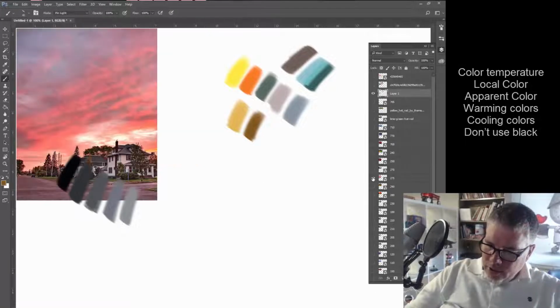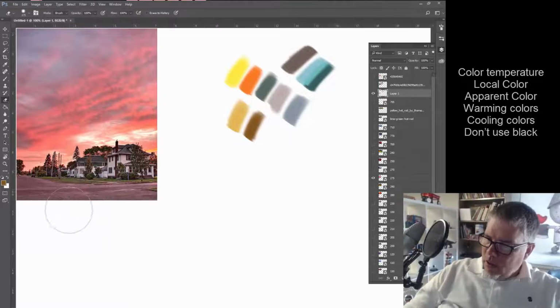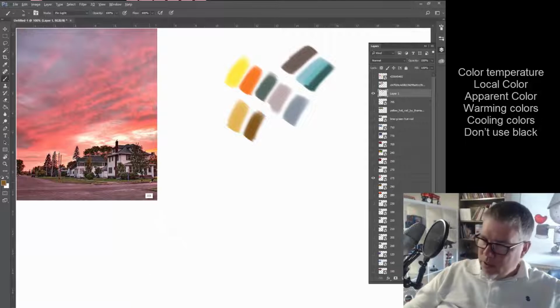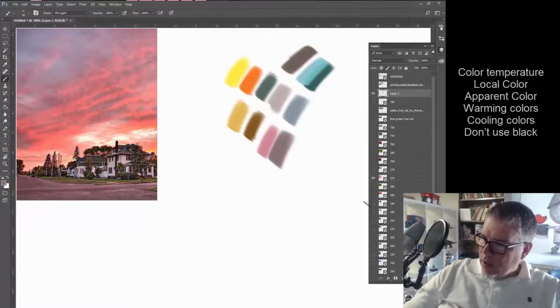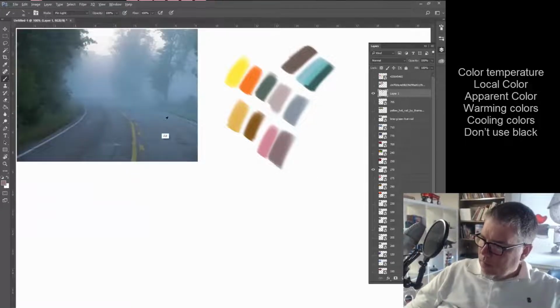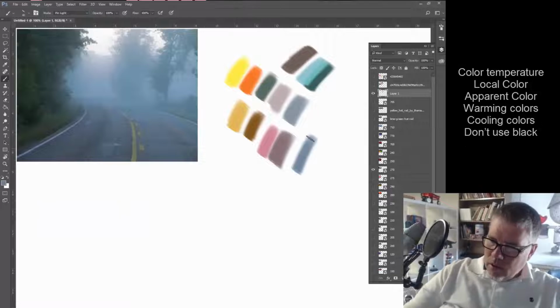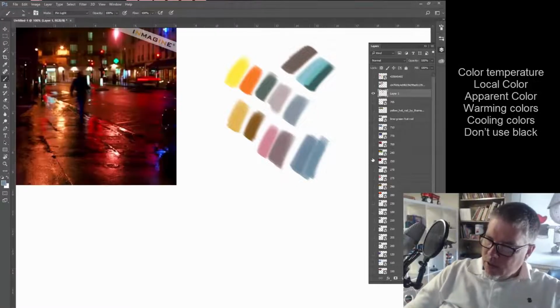And right after a clearing storm, you're getting some other color influences. What happens when there's water vapor in the air? Lights at night. You get all kinds of colors in here.